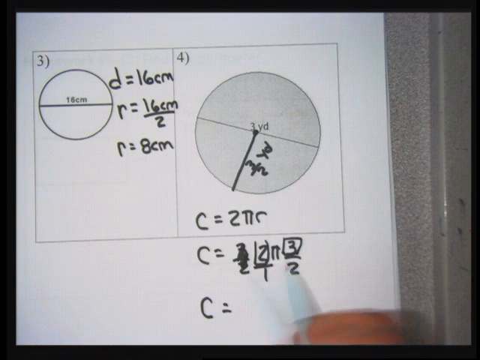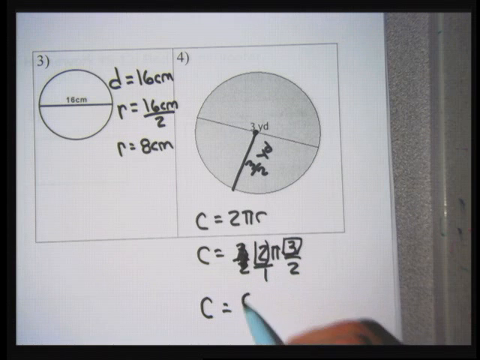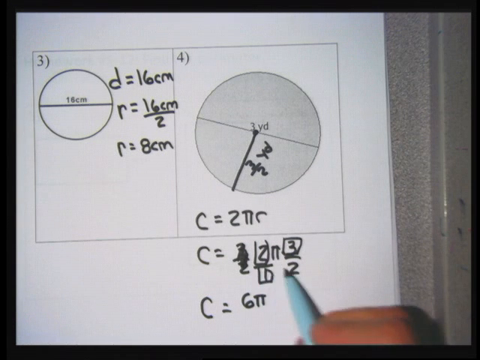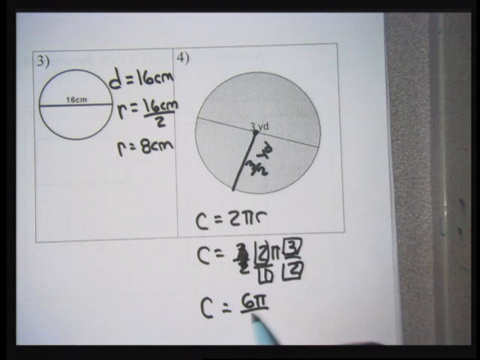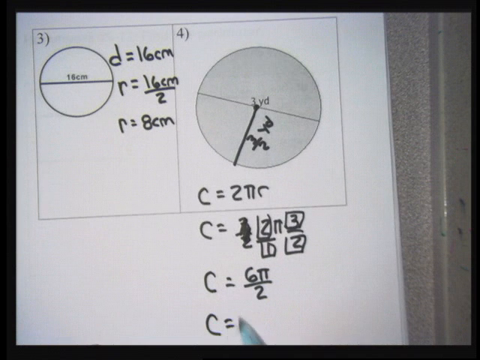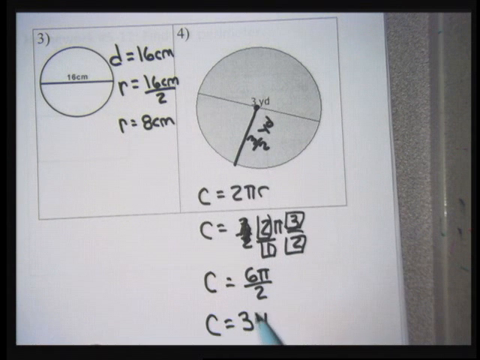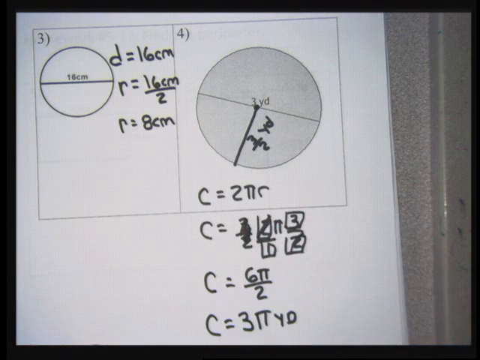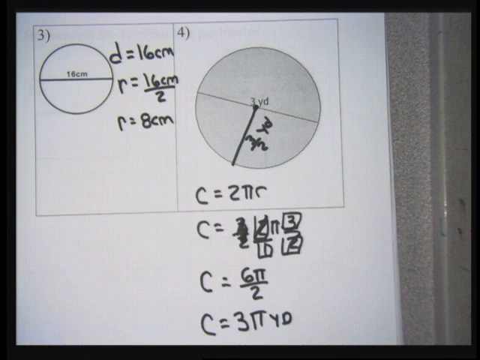To multiply this, I can go 2 times 3 is 6, leave the pi up top, and in the denominator, 1 times 2 is 2. So that would give me 6 pi over 2. The 6 and the 2 cancel, leaving me with 3 pi. And I'm going to attach my units back, which are yards. I could have at the beginning just canceled the 2's and got 3 pi cleaner. Your problem doesn't have the fractions that you have to deal with.